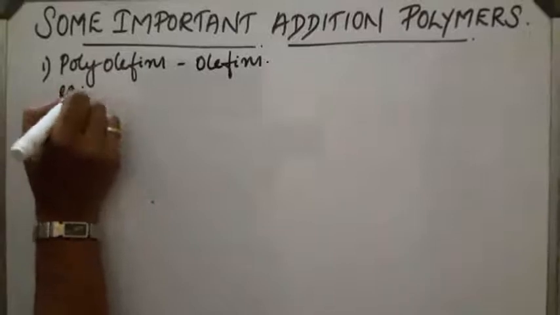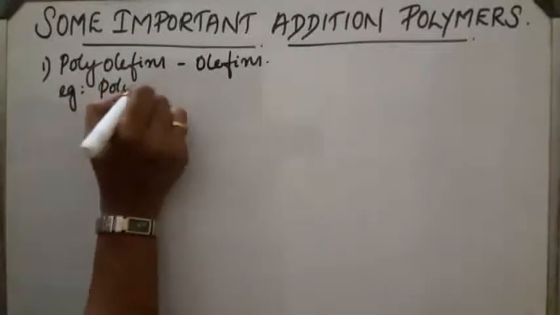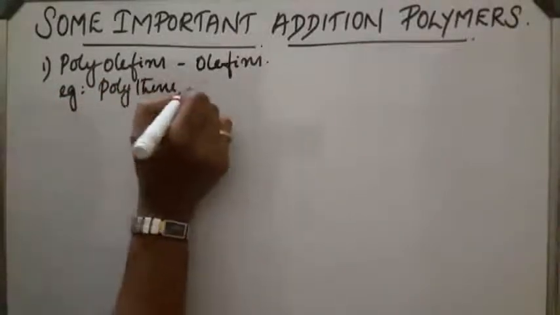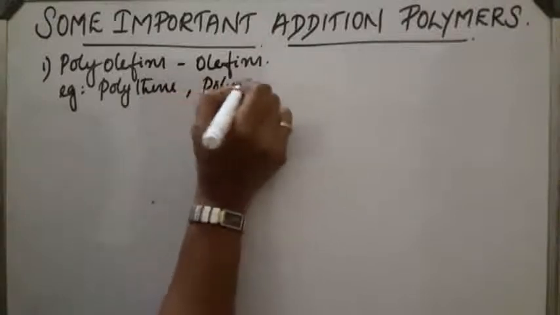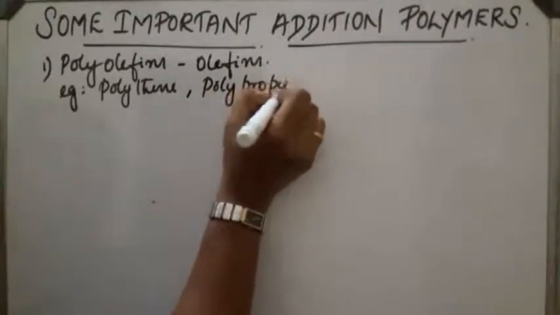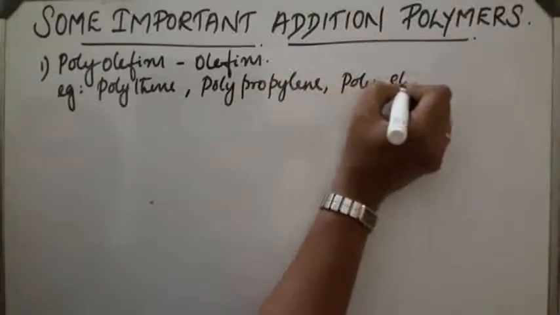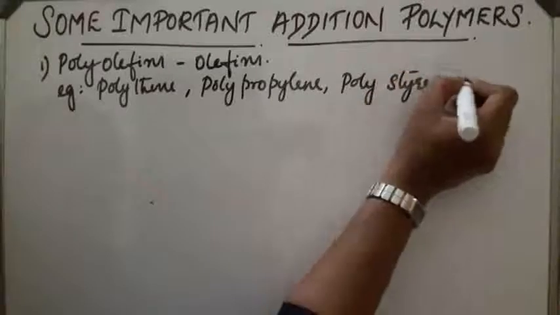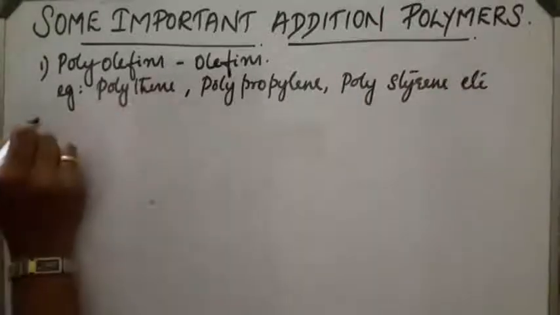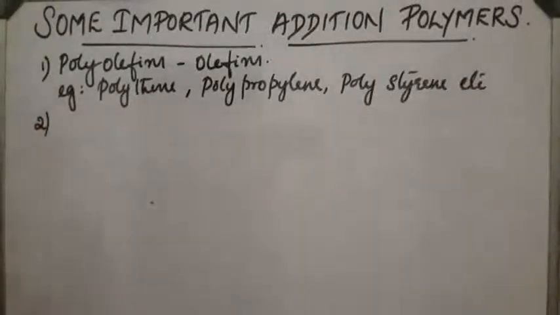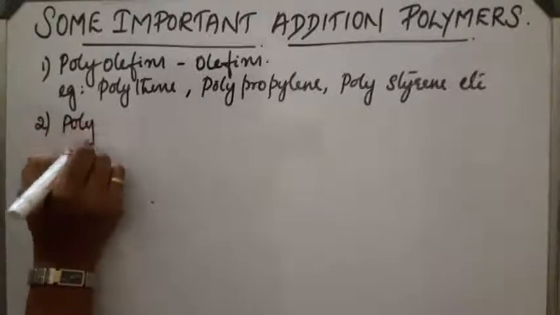Example, polythene, polypropylene, then polystyrene, etc. Second category is polydienes.